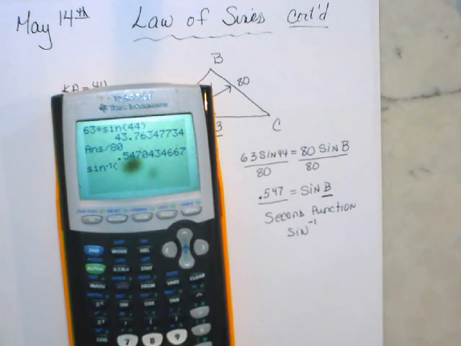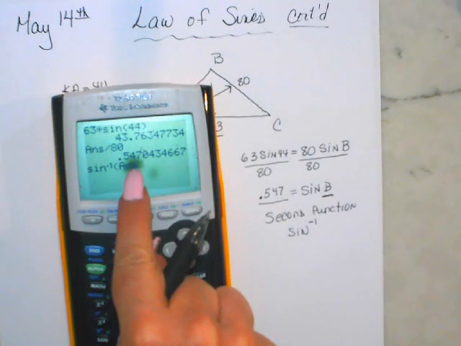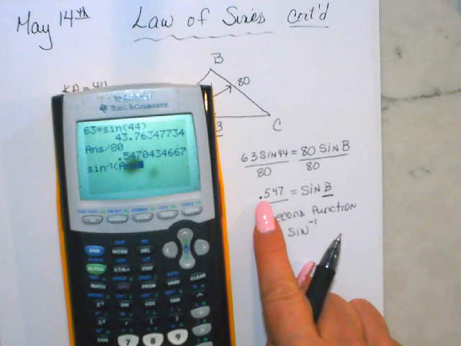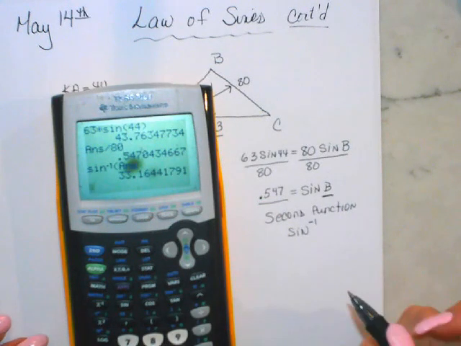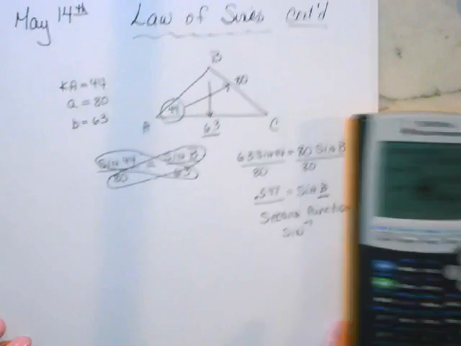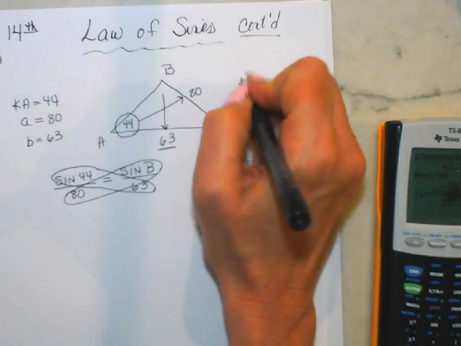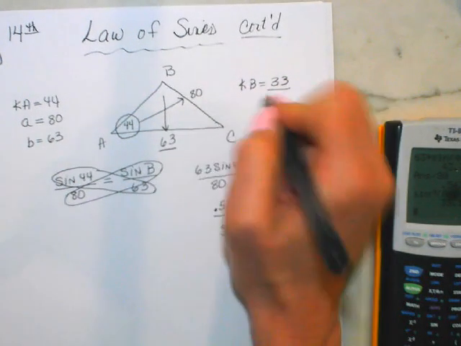Because I'm on this kind of calculator, I could just hit that button that says answer, that plugs the answer in for it. Or you could just plug in 0.54, and it tells me that angle B is, rounded to the nearest whole angle, 33 degrees. So I'm going to put over here angle B, which is 33 degrees.